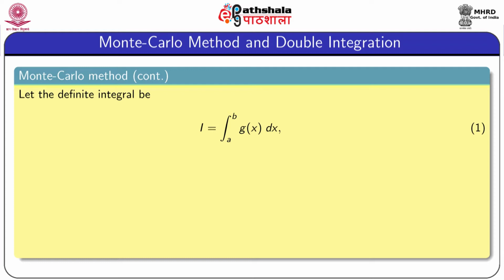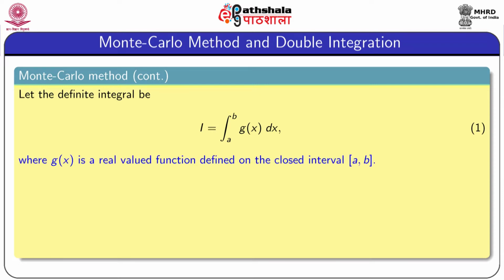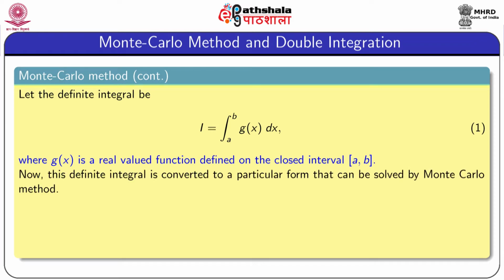Let the definite integral be I equal to the integral from a to b of g(x) dx, where g(x) is the given integrand and it is a real valued function defined on the closed interval [a, b]. Now, this definite integral is converted to a particular form that can be solved by the Monte-Carlo method, that is, based on random numbers.